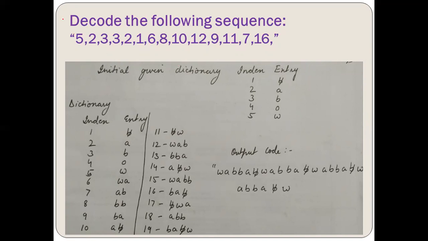So let's see, I have already told you that in the question, whether it's encoding or decoding, you will be given the initial dictionary that is defined as the index and the entry, right? So here you have been given a sequence that needs to be decoded, and the initial dictionary is given as the index 1 to 5, that is 1 for B bar, 2 for A, 3 for B, 4 for O, and 5 for W. So what we have to do is two things.